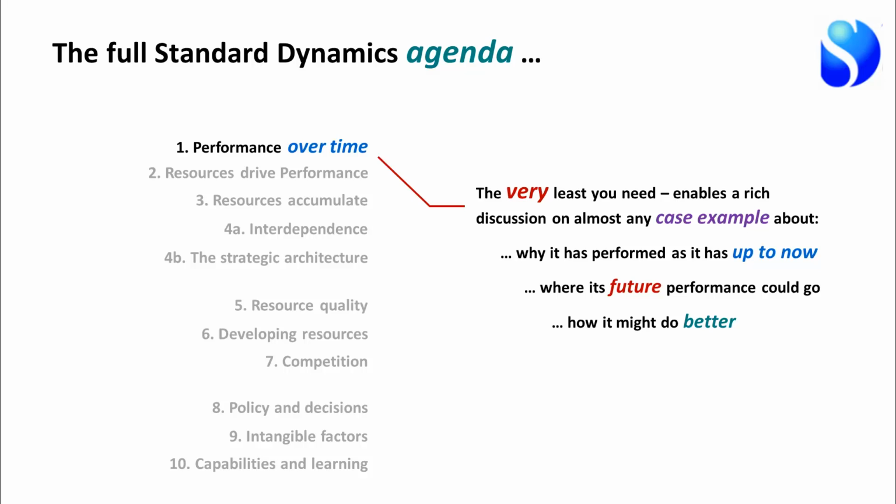So the very least you need, which will enable a rich discussion on almost any case example you care to think about, is a way of thinking about why this business has performed as it has up to now, where its future performance might possibly go, and how the management of the case might expect to do better than a less attractive future might turn out to be. So let me just give you an example of that from the course itself.